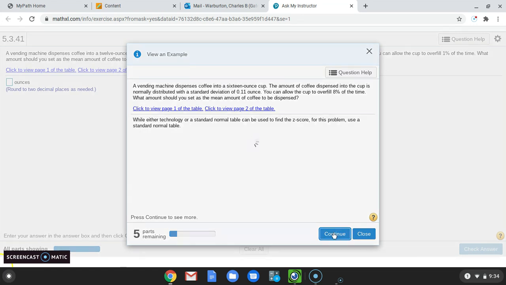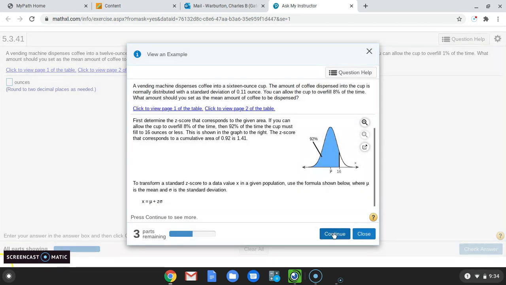The formula that they tell us we need to use is the individual value is equal to the mean plus the z-score times the standard deviation. In this problem, what they want is for us to find the mean, represented by the Greek letter mu. So I think we got everything that we need here.